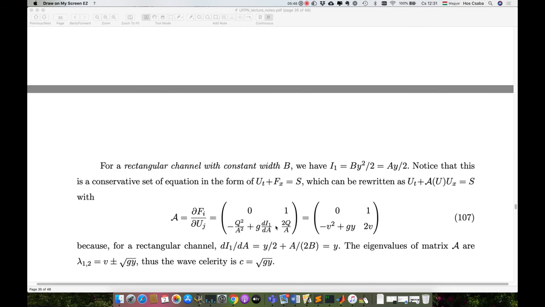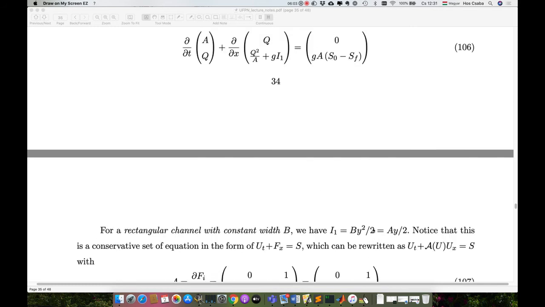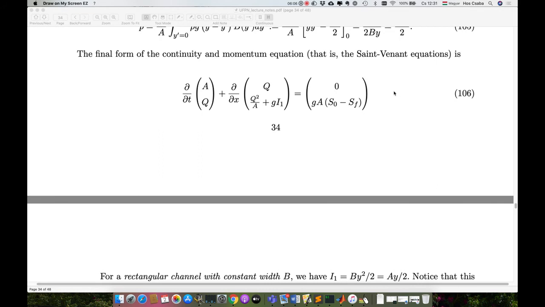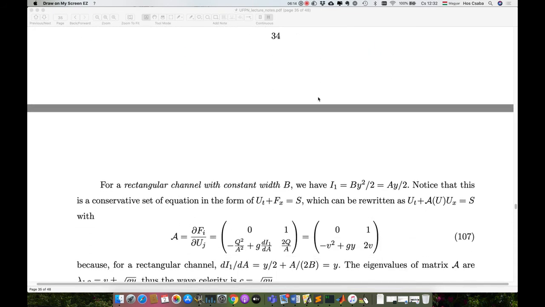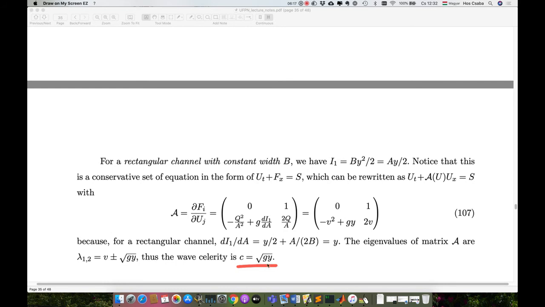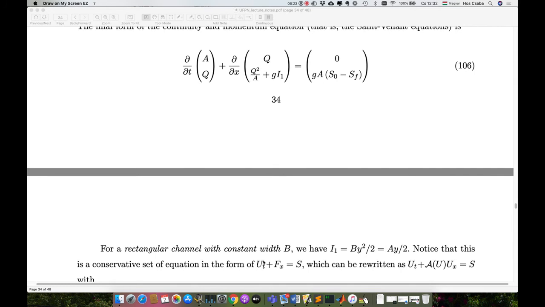Then if you plug in the previous equations for a rectangular channel, this term turns into g times y, and then q over A is again the velocity v, and then you do a standard eigenvalue analysis. So what we see at the moment is that the open channel dynamic equations can be written in this form, and this form teaches us that the wave celerity is c, the square root of g times y. Later, when we are going to deal with the Lax-Wendroff scheme, we'll come back to this equation.